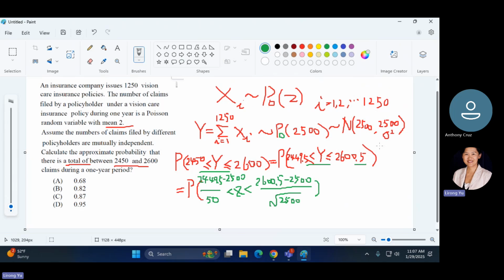2,500, and we want to use a normal distribution to handle the calculation related to y. That's why I write the normal distribution with a mean of 2,500, and the variance is 2,500 as well. And that makes it possible to calculate the y distribution question using the normal distribution conversion.